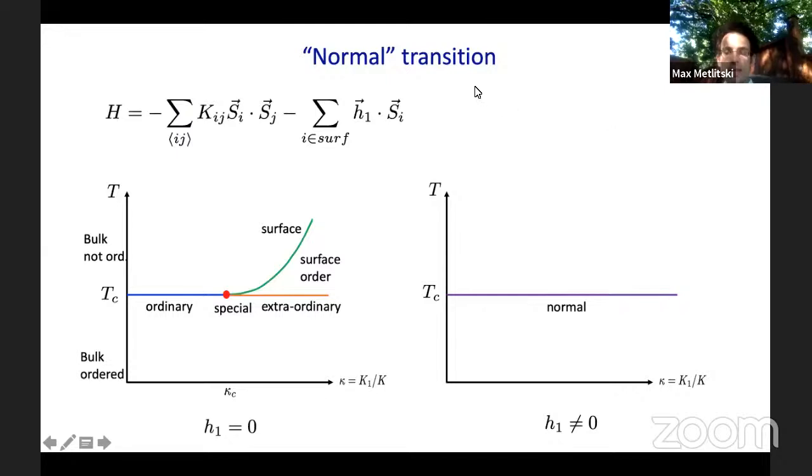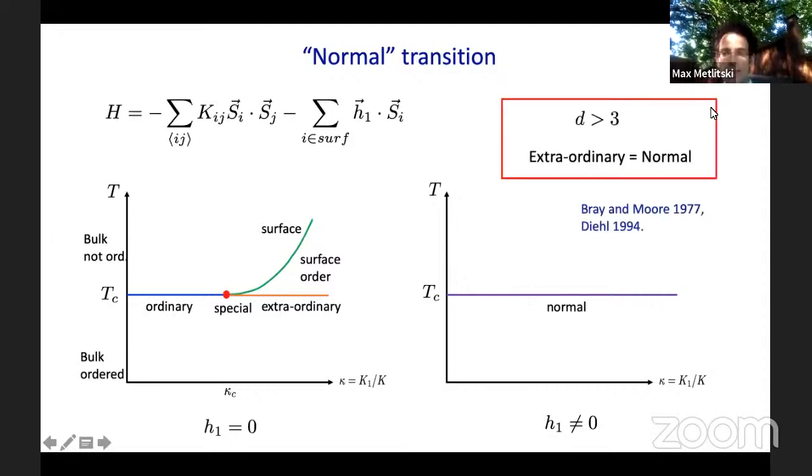The interesting point here is that if the dimension is bigger than 3, it's believed that the normal universality class is essentially the same as the extraordinary universality class. That is, it doesn't matter whether your symmetry on the boundary is broken explicitly by a symmetry breaking field or spontaneously by a surface order parameter, the transition is essentially the same.